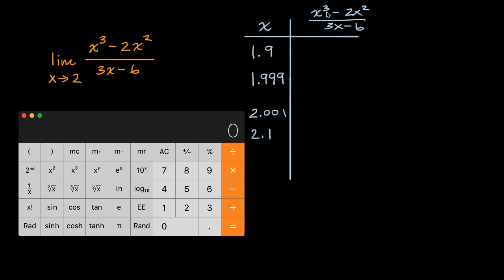All right, so let's see if we can evaluate it when x equals 1.9. It's going to be 1.9 to the third power minus 2 times 1.9 squared. 1.9 squared is equal to, so we get that value, and then we're going to divide by 3 times 1.9 minus 6.